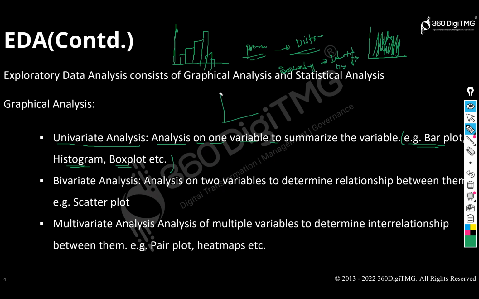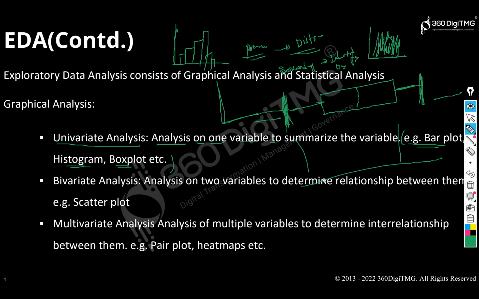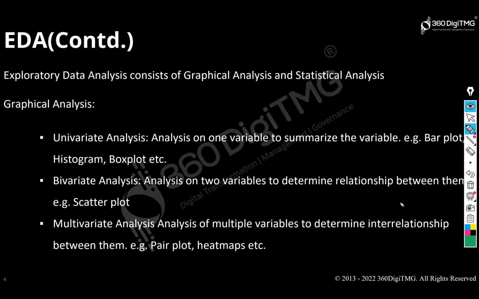Box plot: the primary purpose of box plot is to find outliers, clearly visualizing them. This is the minimum value, this is the maximum value, and in between the values are shown. The secondary purpose is to measure the skewness. These are the two things you have to keep in mind.